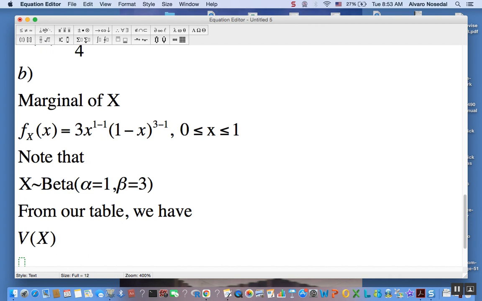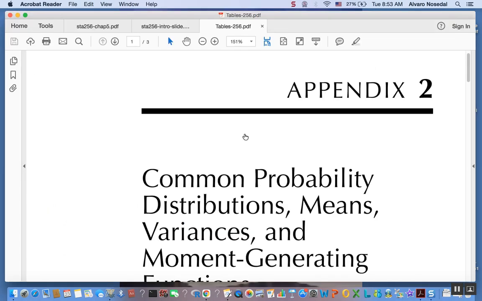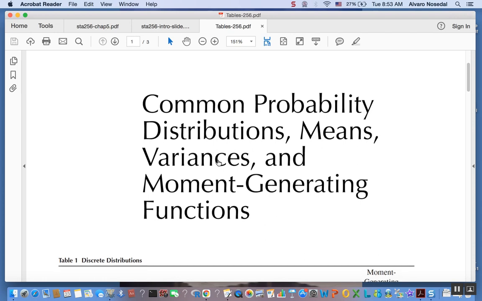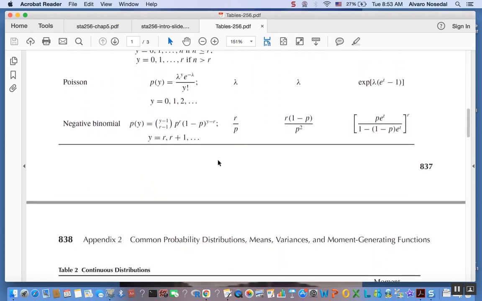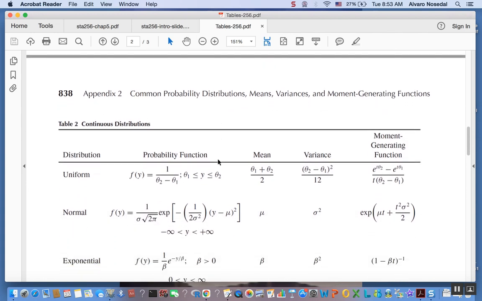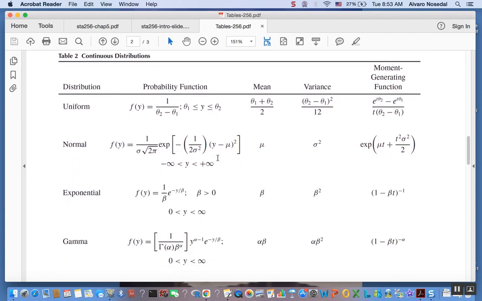Now from our table, let me find that table so you know exactly what I mean. Okay, I found that table. If you go to your textbook, page 837 and then page 838, you'll find that table of famous probability distributions.